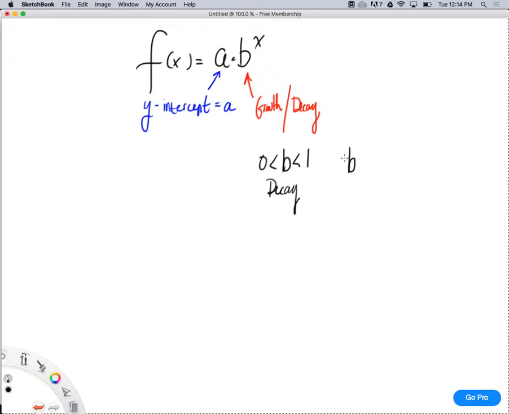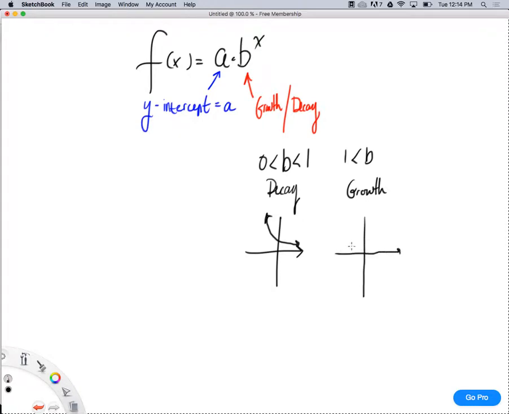And if b is greater than 1, then we've got growth. And if we remember, decay would look like this, and exponential growth would look like this.